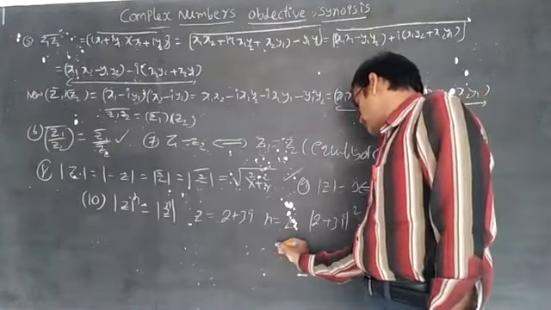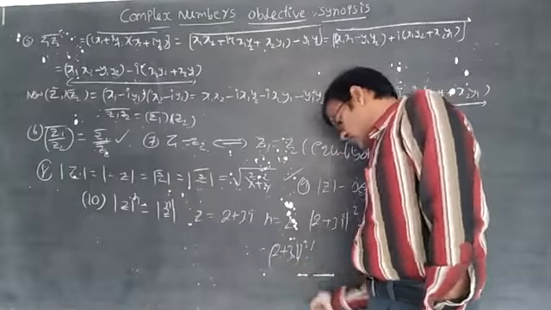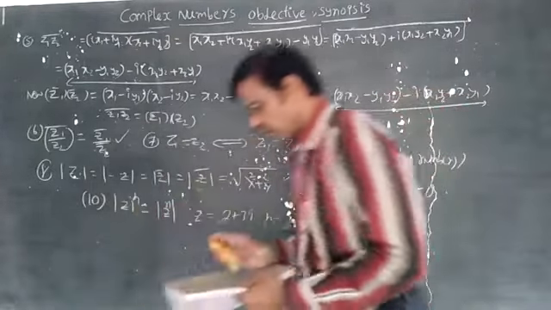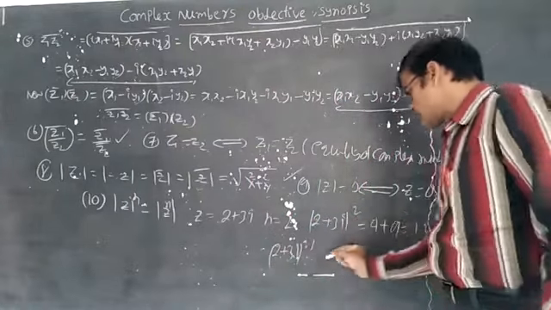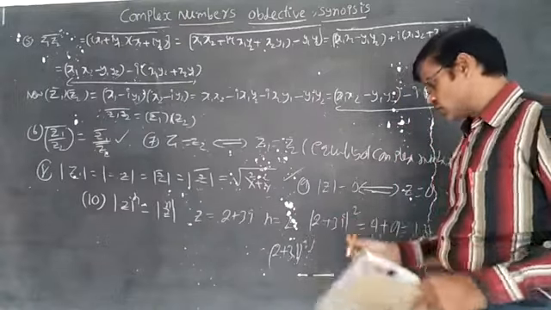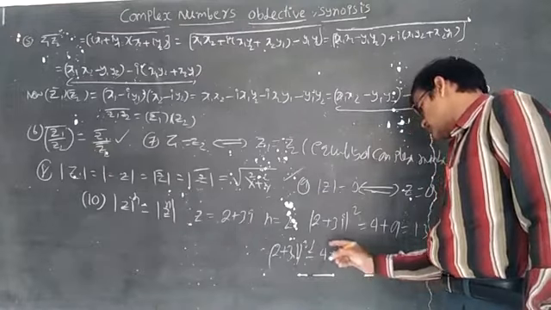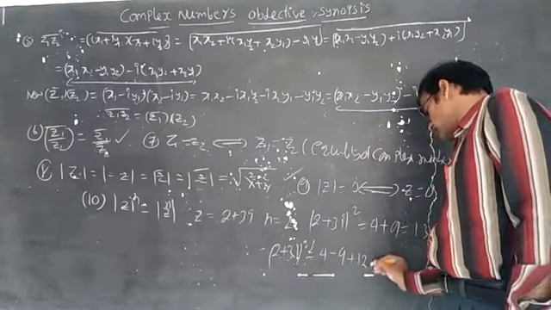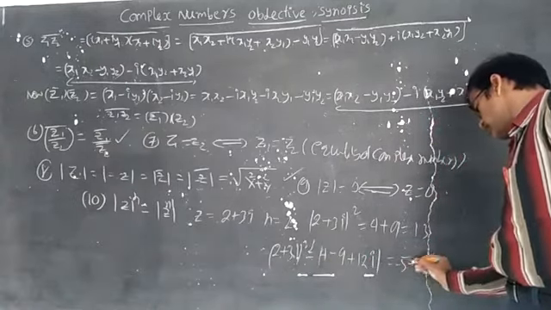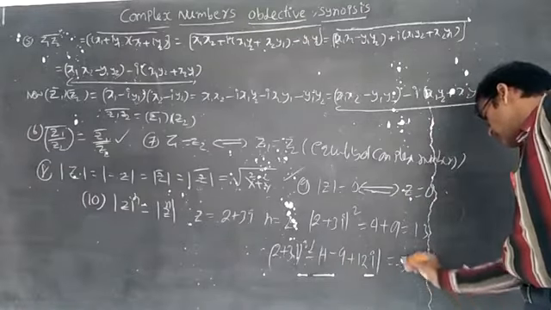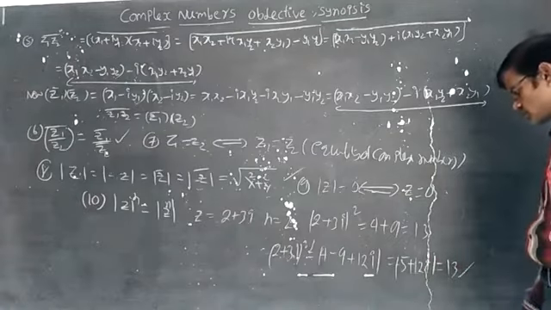Now mod z power n. So modulus of 2 plus 3i whole square. 2 plus 3i whole square means 4 minus 9 plus 12i. 4 minus 9 becomes minus 5, so minus 5 plus 12i. Its modulus, of course, is 13, because root of 5 square plus 12 square.